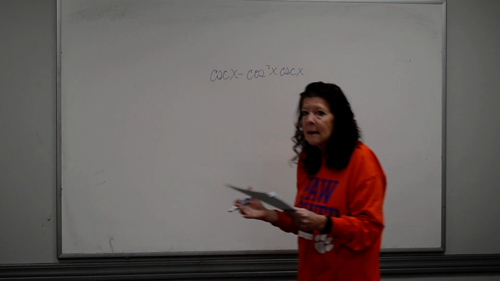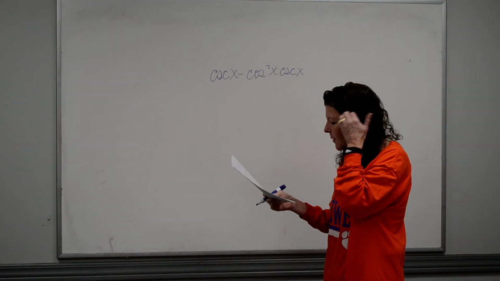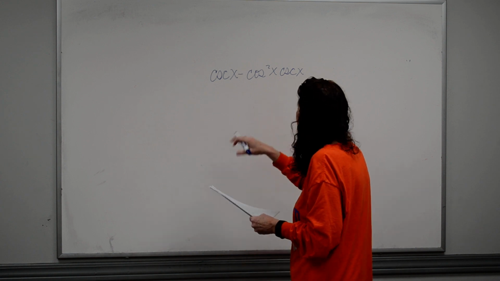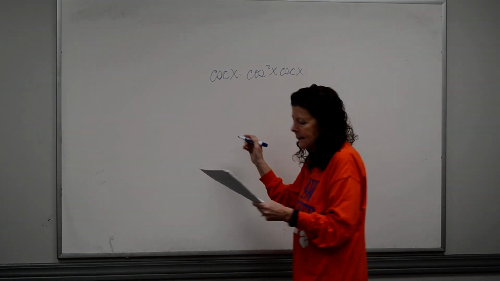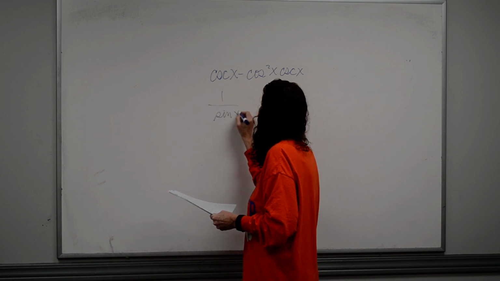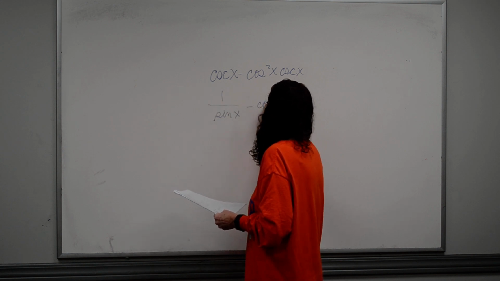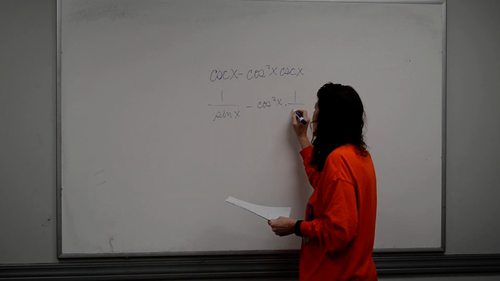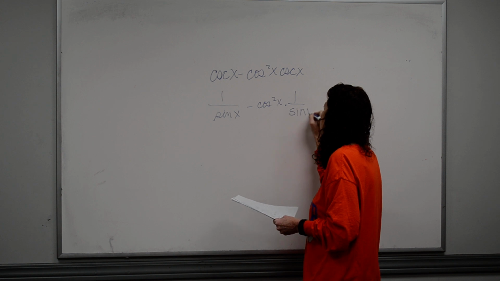And we're trying to simplify this or write it in terms of one trig function. So probably the very first thing I would do is convert everything to sines and cosines. So I have 1 over the sine of x minus the cosine squared of x times 1 over the sine of x.